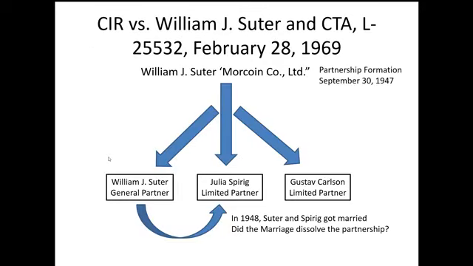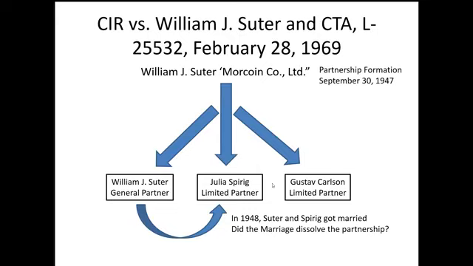So look at the case of Commissioner of Internal Revenue versus William J. Soter. William J. Soter Marcowin Company Ltd. was organized on September 13, 1947 as a limited partnership. It was composed of William J. Soter as general partner, Julius Spirig as limited partner, and Gustav Carson as limited partner.